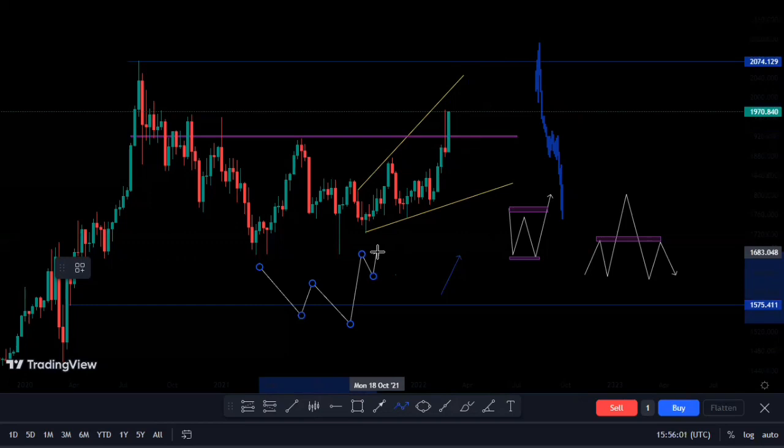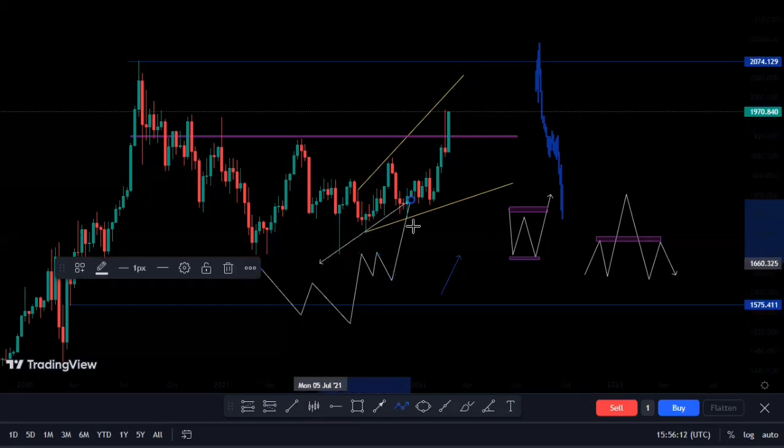So you can anticipate something like this, and then the market comes and gives you the same thing, and you can set your trading plan according to what you see from your anticipation or your forecast.